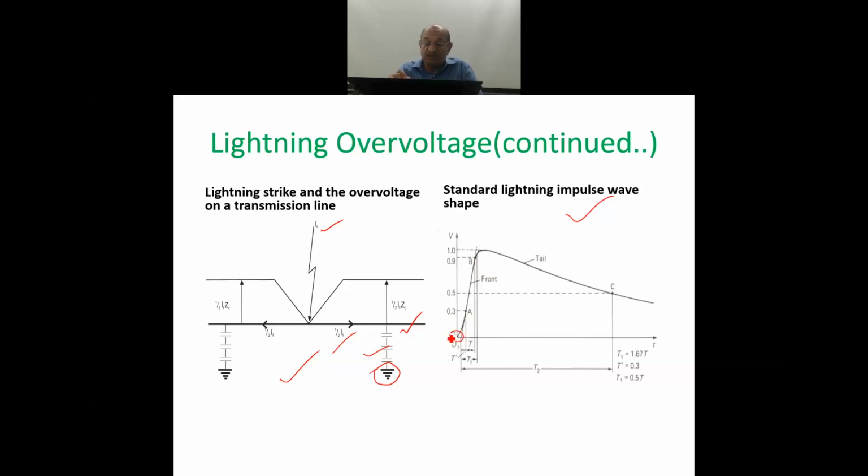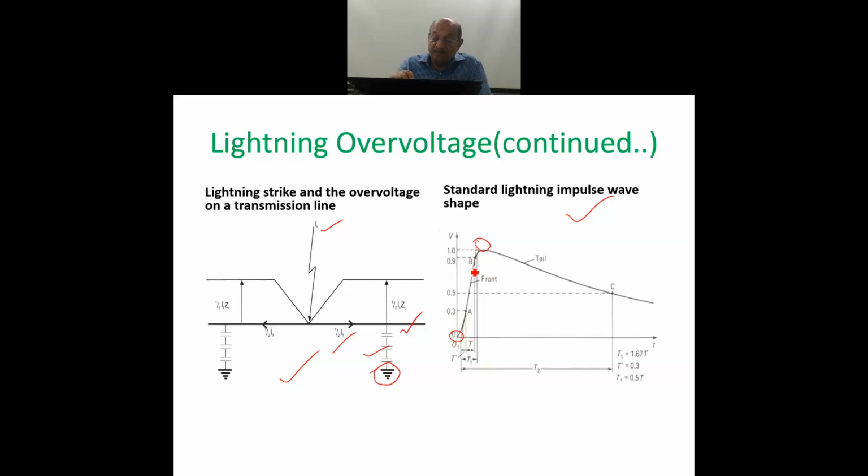So people have taken something like 10% above zero, and here also it is sometimes not possible to know the peak value because of the short duration in which the peak value is achieved.